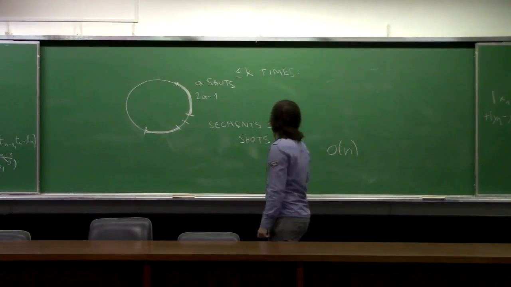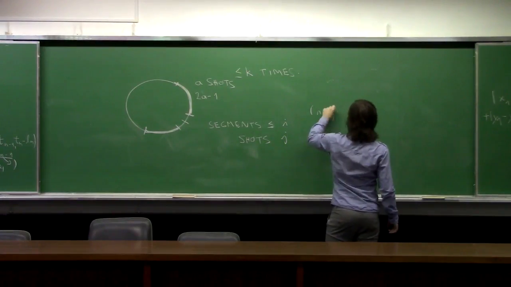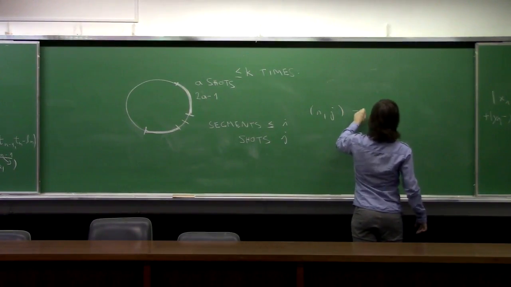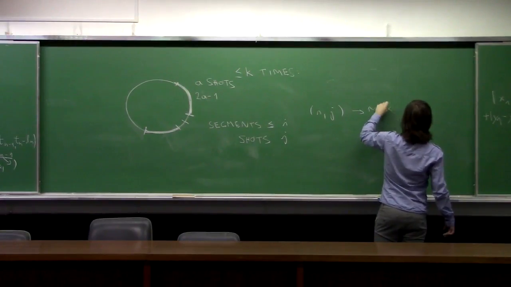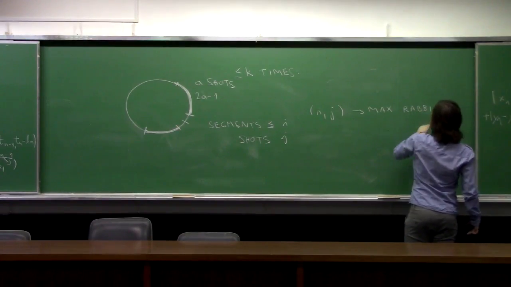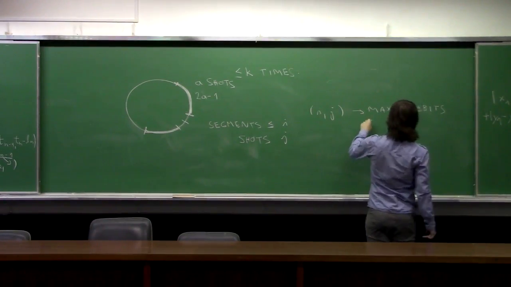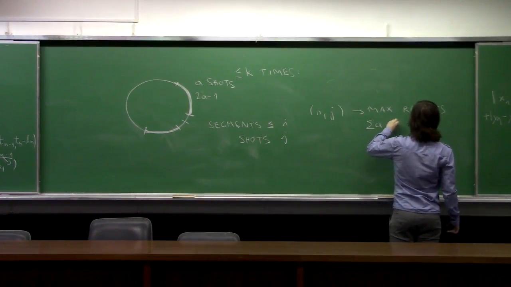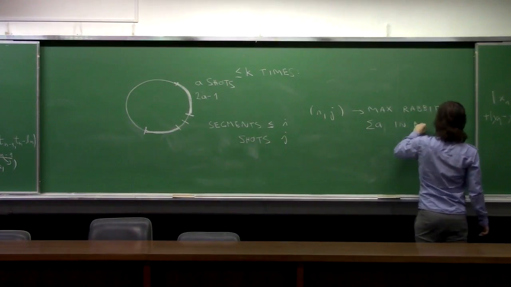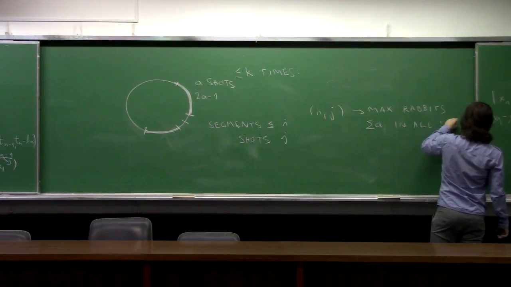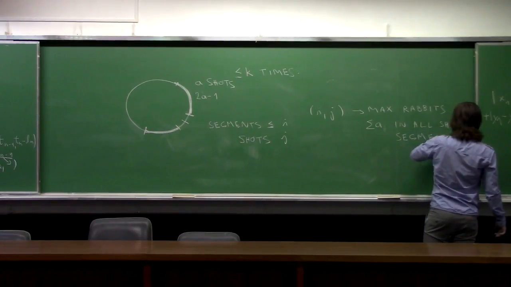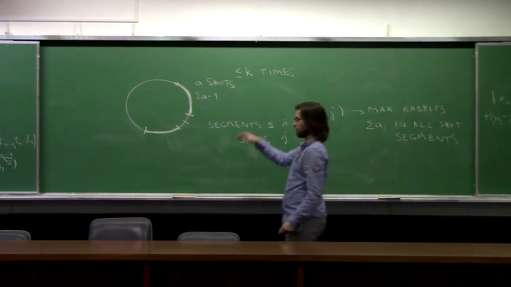So for such a state Ij, we want to find out what's the maximum number of rabbits killed, which is just the sum of the number of rabbits in all shot segments.